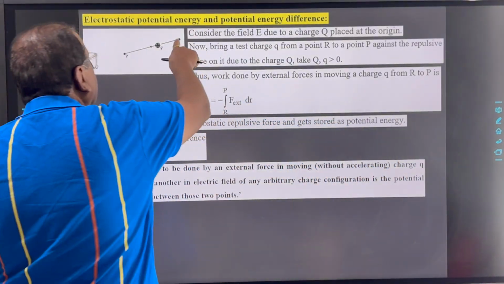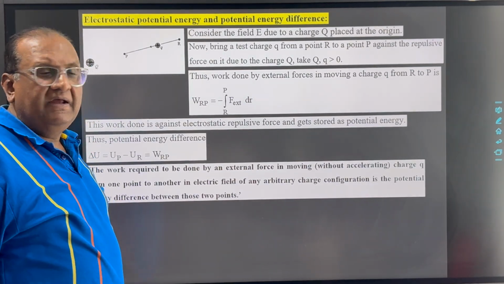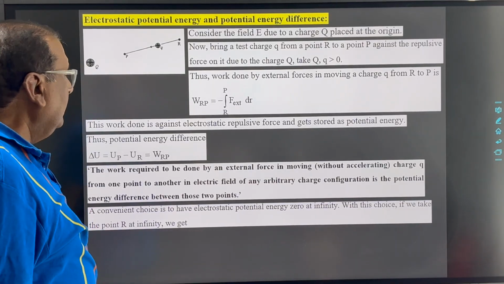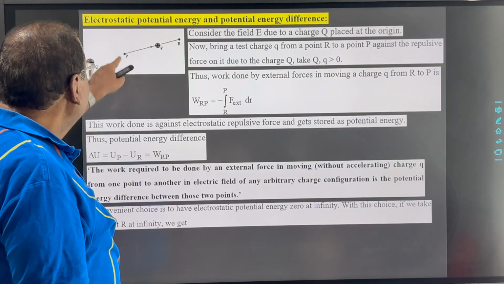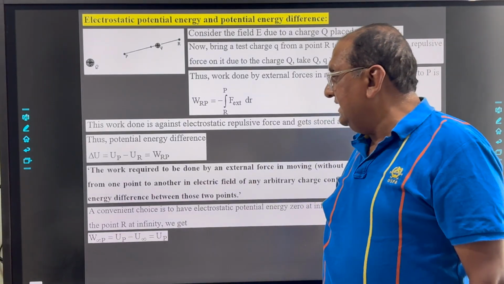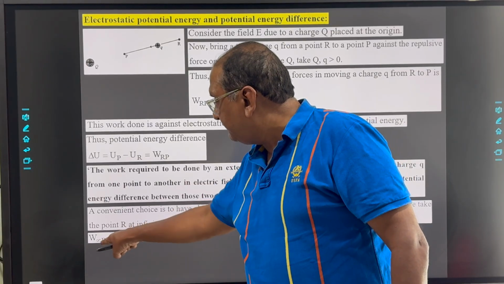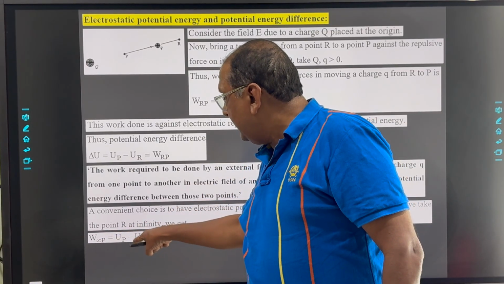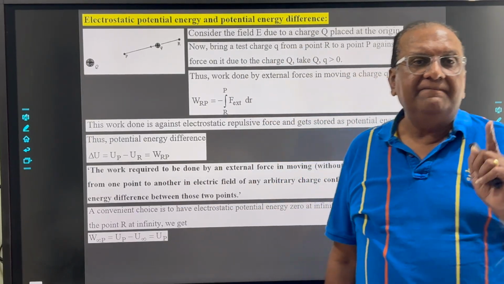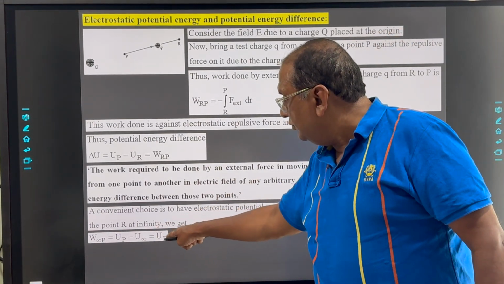So here if we take this point R at infinity, then the work done to move charge small q from infinity to point P gives the potential energy difference, that is UP minus U infinity. But U at infinity we consider 0. So this one is UP.